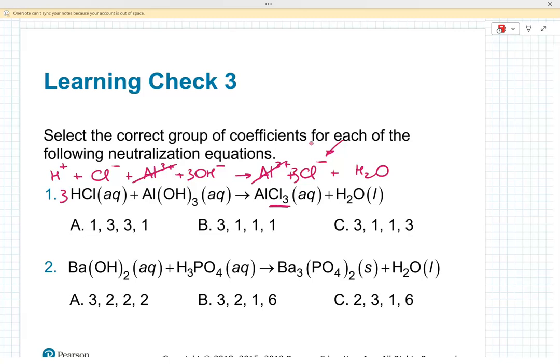Okay. Hear me out. Chloride. All good? Okay. Aluminum all good? How many hydrogens currently is on the left? Nope. How many hydrogens? 3, 6. Yes.